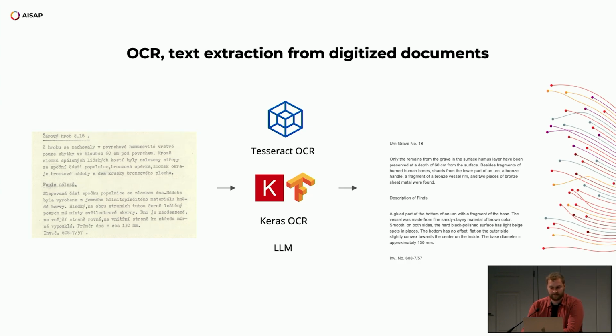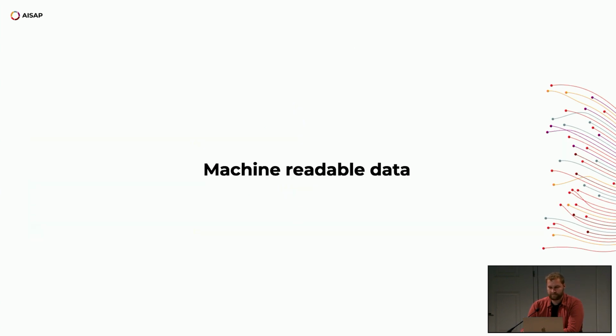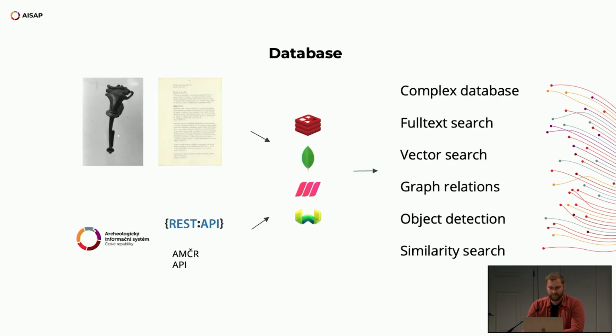And lastly, large language models, the multimodal solutions that can extract more difficult text from these scans, like handwritten notes, etc. So now we have machine-readable data, and we can process it.